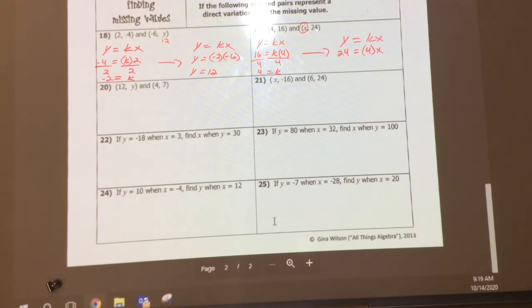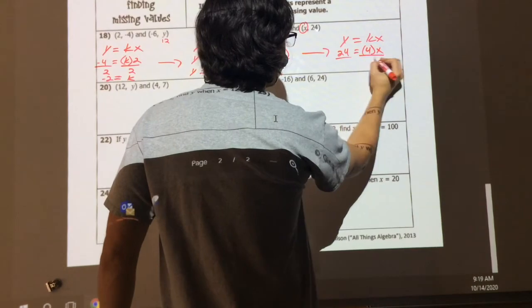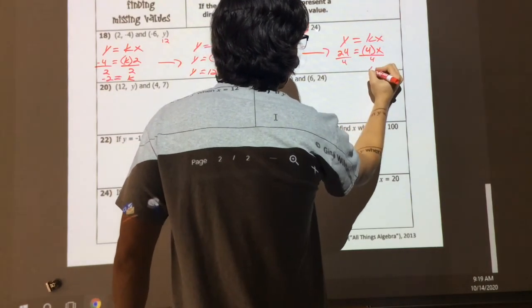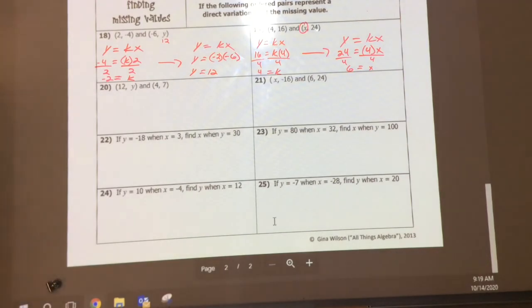How do I get x by itself? Divide by 4. X equals 6. Isn't that the same thing you do to find the constant? Yep. So instead of dividing by the x to find k, I'm dividing by the k to find x.